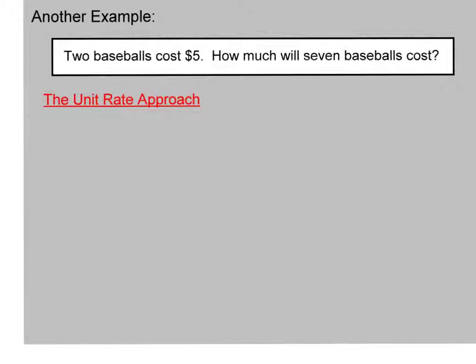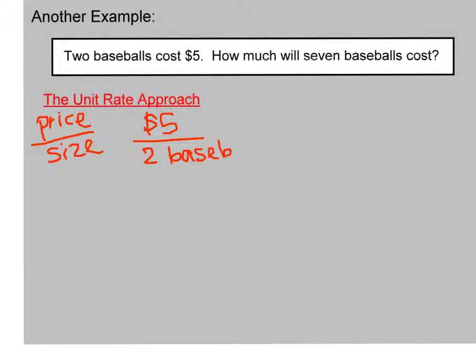So from our unit rate approach, remember we're trying to figure out, in this case, how much 1 baseball would cost for us. Before I start doing the math, I just want to set up, again, we're going to go price over size. So now that I write my numbers with it, I know $5 for 2 baseballs. And I'm setting that equal to how much 7 baseballs would cost.